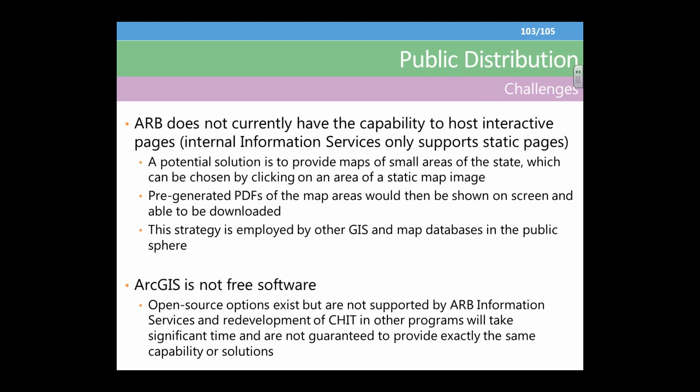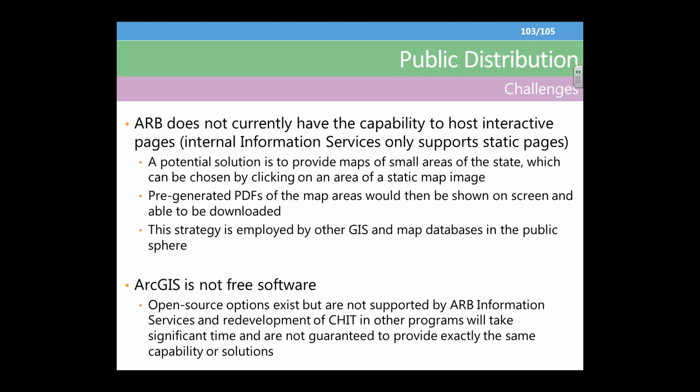We're working on this actually as of this week, but currently ARB does not have the capability to host interactive online web pages. It's just not supported by our information services. So one of the potential solutions is to create a web page with just one image of the state, and depending on where you click, it'll bring up a high-resolution PDF.